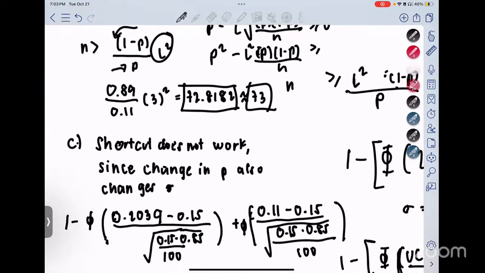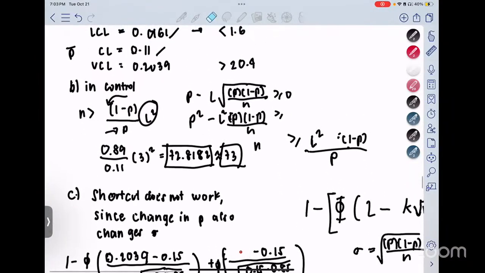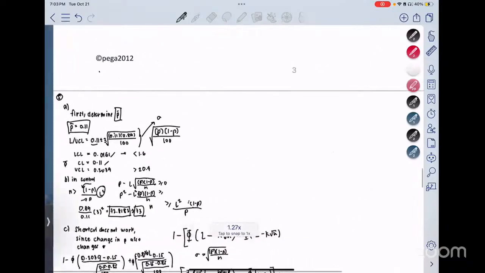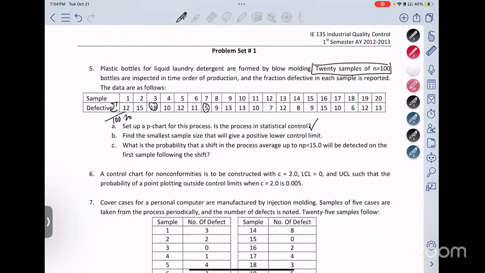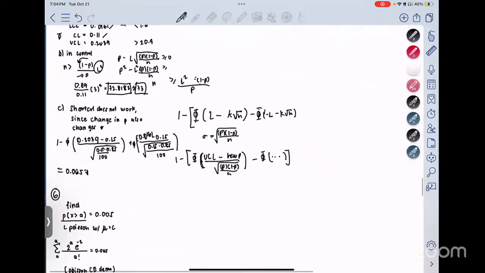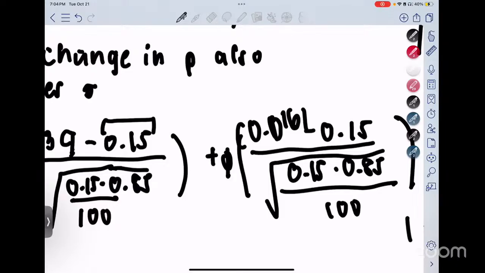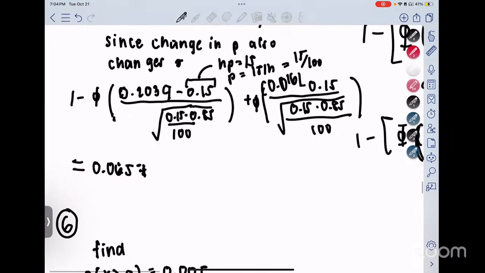Nagkamali ako ng kopya, sorry guys. This is 0.0161. Ayan. So that's basically 5. Just checking, np equals 15. That's the reason why 0.15 siya here, because n is equal to 100, right? So np equals 15, meaning P is equal to 15 over n, which is equal to 15 over 100. Okay.